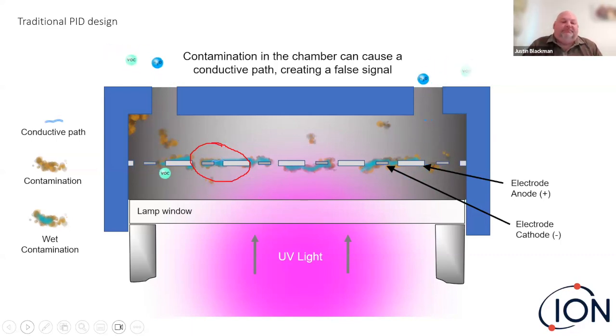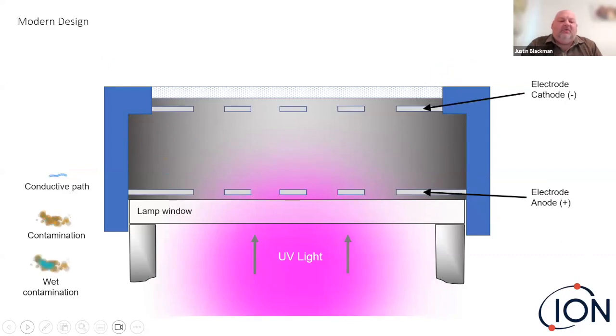Traditional problem. Now, at Ion Science, we looked at this problem. We said, how can we deal with that? We have a different design. So a modern design has the main gas path flow, not actually going through the sensor. Only a small amount chooses by diffusion to make its way through a permeable filter.